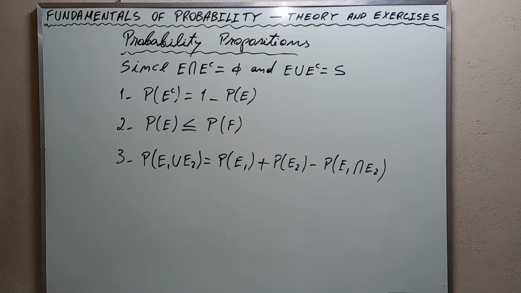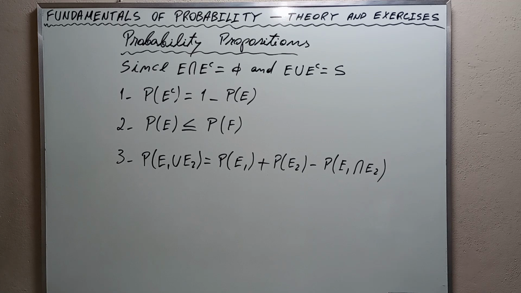Proposition number 3, the probability of the union between events 1 and 2 is equal to the probability of event 1 plus the probability of event 2 minus the probability of the intersection between events 1 and 2.